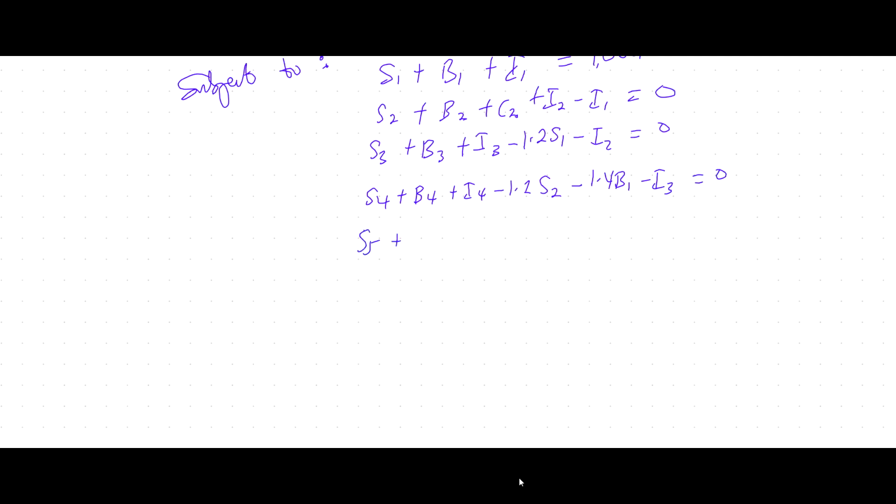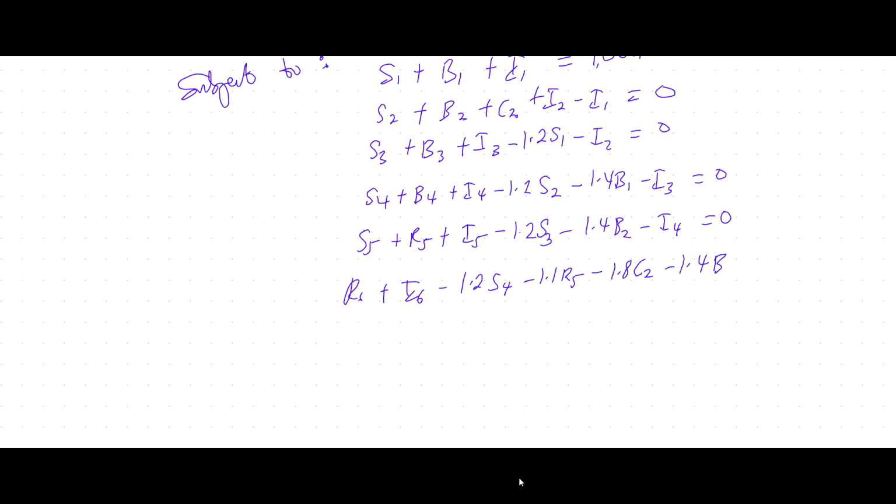S5 plus R5 plus I5 minus 1.2 S3 minus 1.4 B2 minus I4 is equal to 0. R6, I6 minus 1.2 S4 minus 1.1 R5 minus 1.8 C2 minus 1.4 B3 minus I5 is equal to 0.